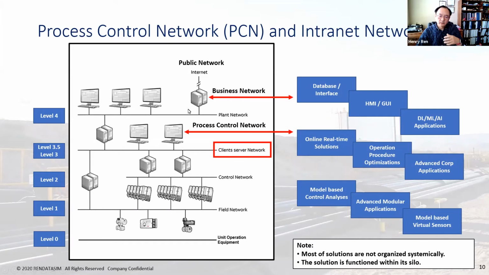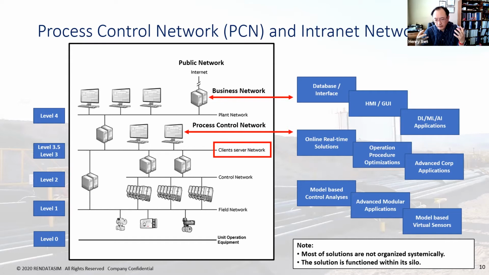Going back 5 to 15 years, they probably lived at this level, the client server network, which is within the PCN network. Starting from 2014, 2015, most applications were designed and put at the business level, okay? But they are all silos for their functions.